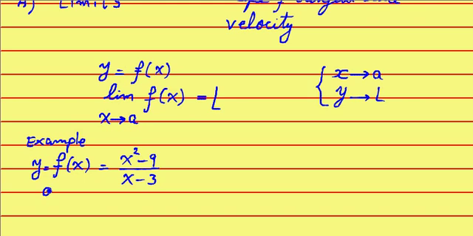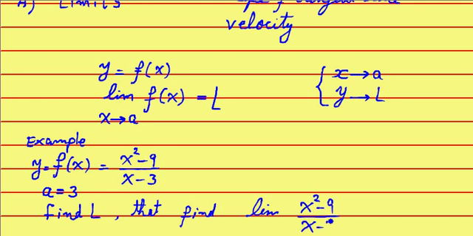Now I let a, can you guess what is the point of interest here? a, of course, is going to be 3. a is given to be 3. The question is, find L. That is, find the limit of x squared minus 9 over x minus 3 as x approaches 3.